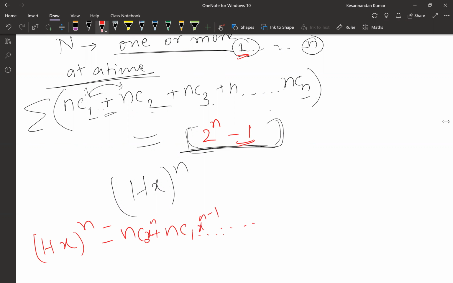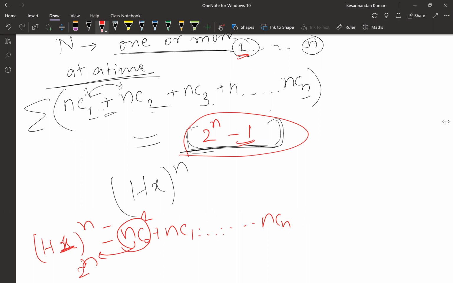If I put x equal to 1, all the x terms become 1, since 1 raised to anything is 1. What you will have is nC0 plus nC1 and so on, equal to 1 plus 1, 2 raised to n. Taking nC0, which is 1, to the other side, you derive this formula. What you were telling was quite correct; you just had to take one step forward.